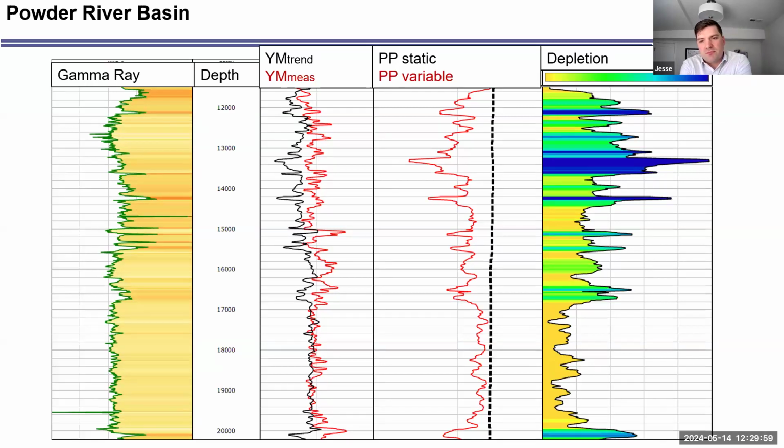And so we just subtract those two, and on the right, we have our depletion curve. So there's different levels of calibration that you could do for the actual pore pressure value, but at the least it indicates what portions of the lateral look like they are pore pressure depleted.